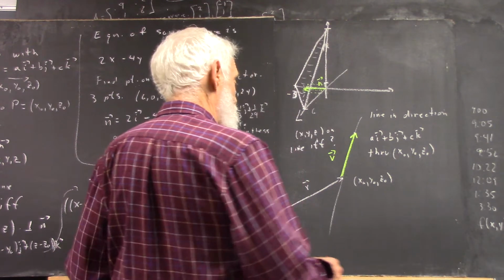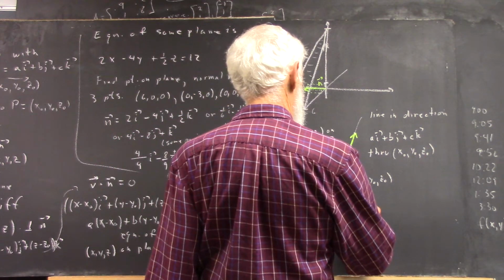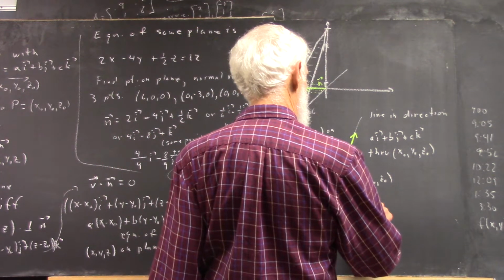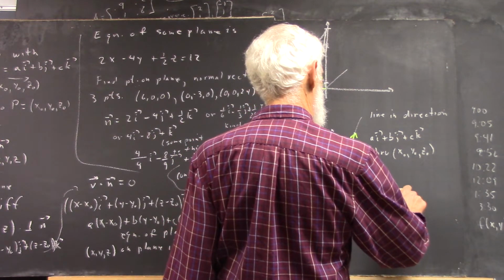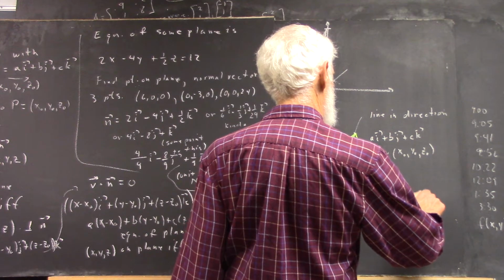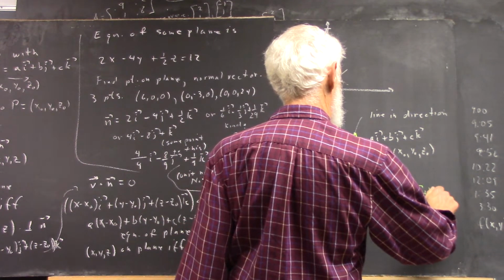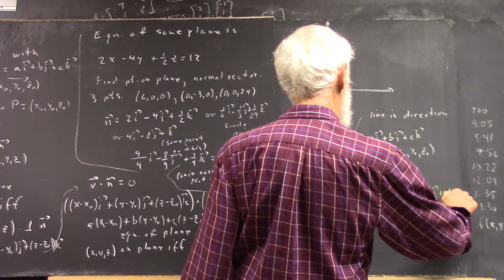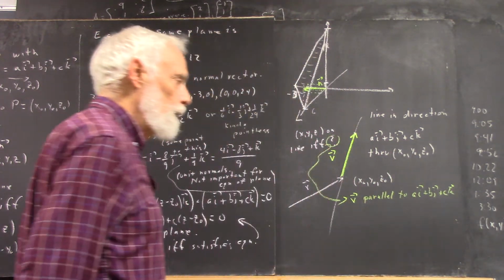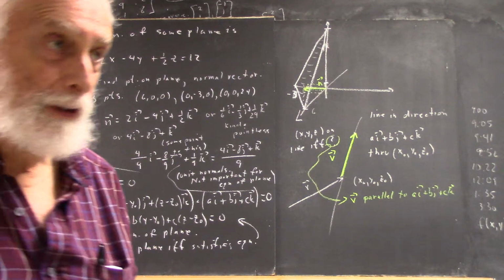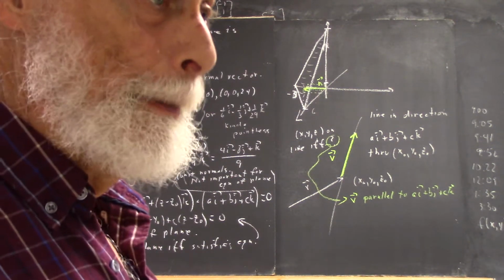So, the condition, the if and only if, is that V is parallel to AI plus BJ plus CK. That's the bottom line, right?